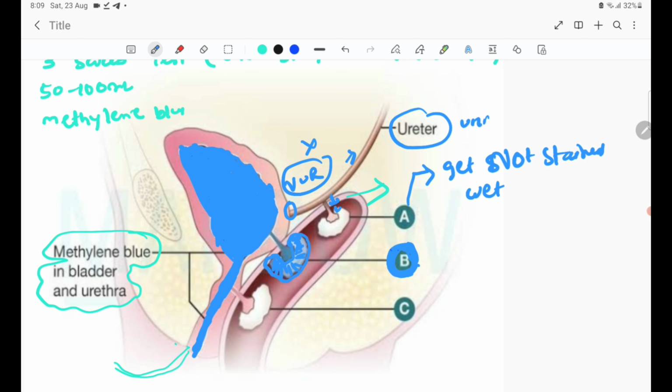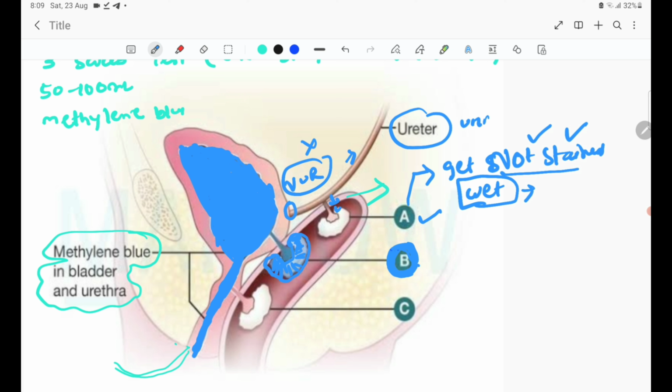So in this first swab, remember, if it is a ureterovaginal fistula, where the ureter communicates with the vaginal wall, that is the vault, then only urine leakage will happen. There will be no methylene blue leakage. The swab only becomes wet, not stained with methylene blue.